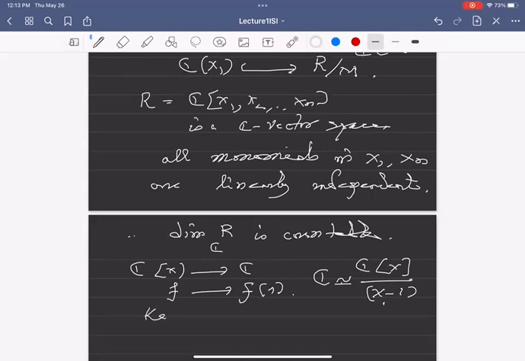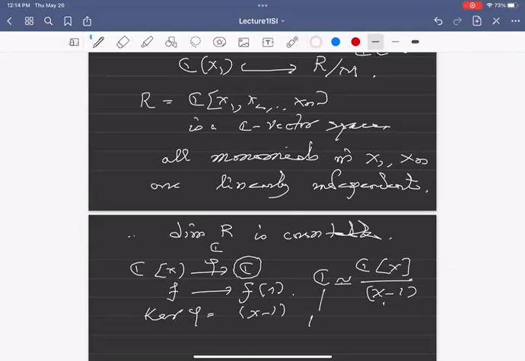Then the kernel of this map: if f(1) is 0, that means 1 is a root. If 1 is a root, by the remainder theorem, x minus 1 divides f. Okay, but the kernel is a maximal ideal because the image is a field. Image is a field, so the kernel is a maximal ideal. A maximal ideal contains x minus 1, so it must be this. So C is isomorphic to this.